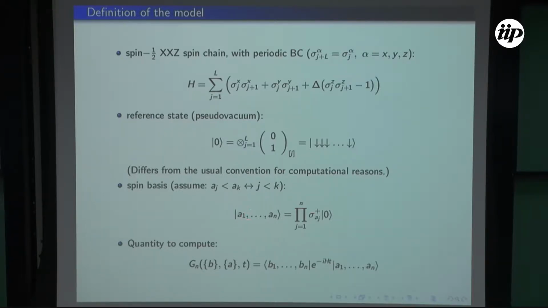So a1, ..., aN are the coordinates where we flipped a spin up. And then what we want to compute is the matrix element of the time evolution operator between two spin computational basis states. Well, we want to compute this Green's function matrix element.